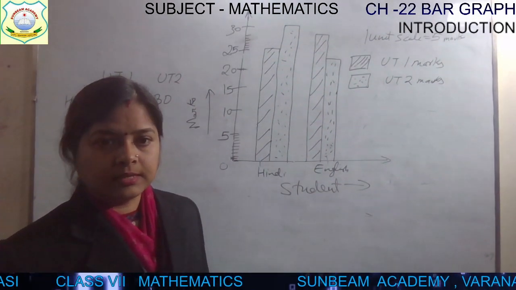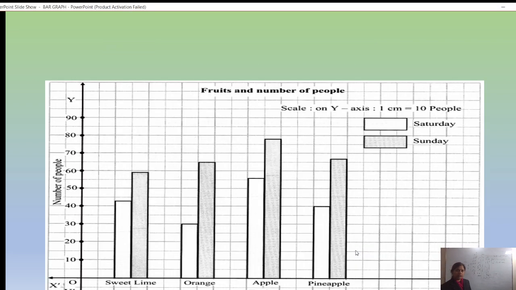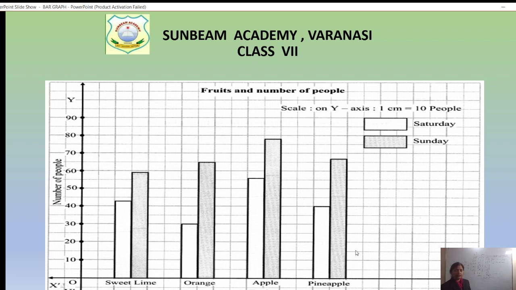Now next, see the next one. It is also a double bar graph, right? 1 centimeter, that is 1 scale of 1 unit, they have chosen as 10.